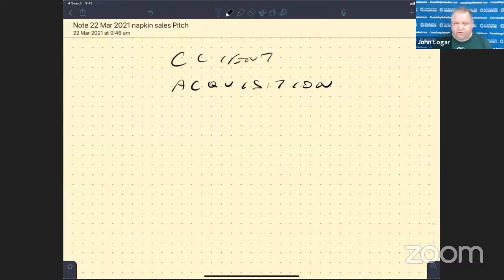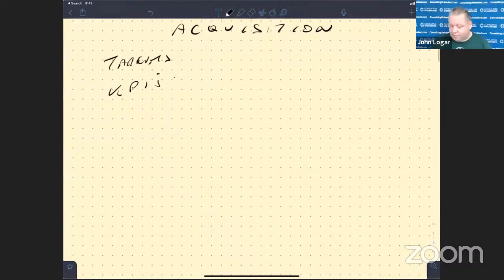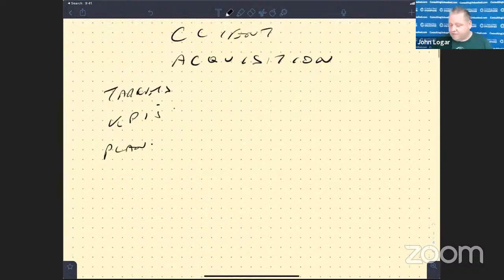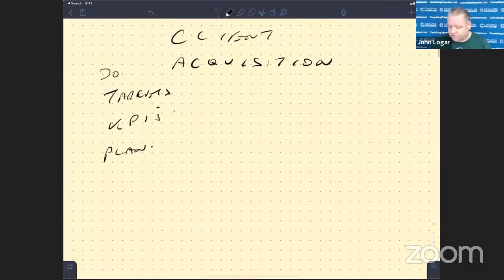They haven't really thought it through. They haven't set things like targets, right? They don't have targets. They don't have things like KPIs for the client acquisition part of their business. They don't actually have a plan, right? They have no plan to do it. These are the don't haves, right?